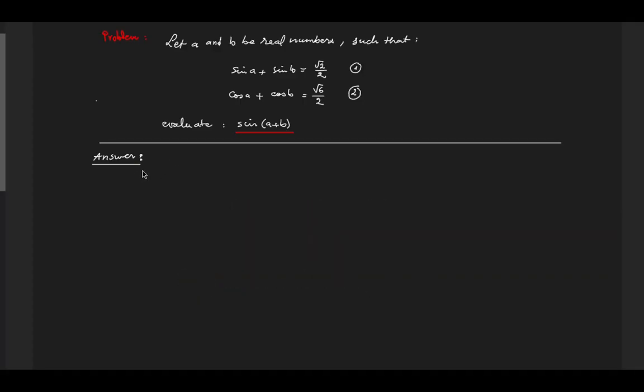Before we start answering the question, we will first write some equalities that we need. First one is sine of a plus b, expanded as sine a cosine b plus cosine a sine b. We need another identity: cosine squared a plus sine squared a equals 1.